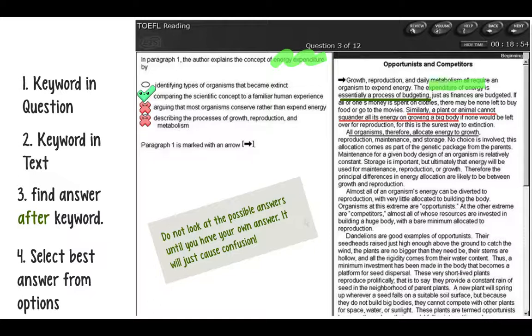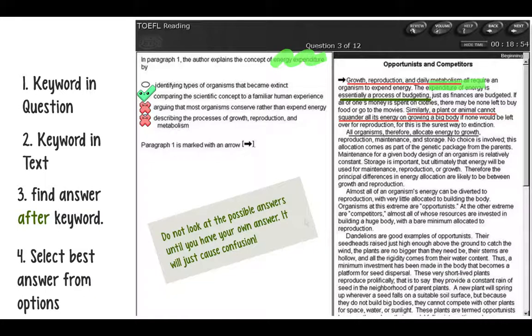And describing the process of growth, reproduction, and metabolism, you see those words in here in the very beginning, but does the writer explain or describe the process of growth, reproduction, and metabolism? No. And also, more importantly, that answer appears before the keyword, so it's not a valid piece of information.